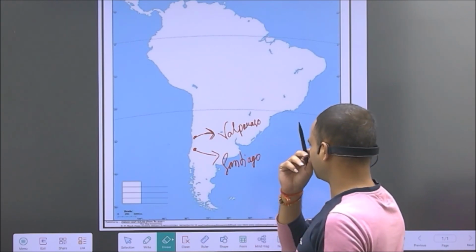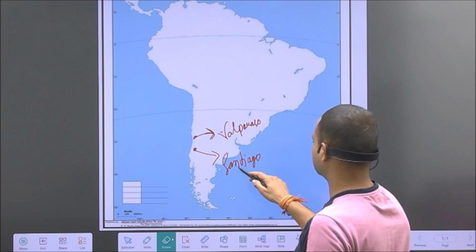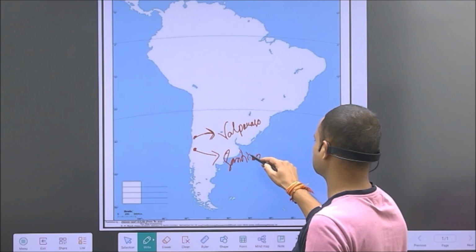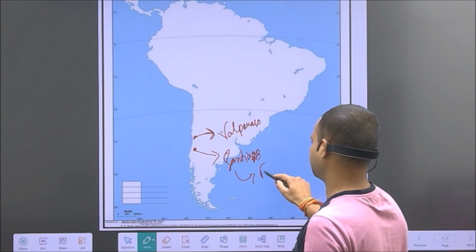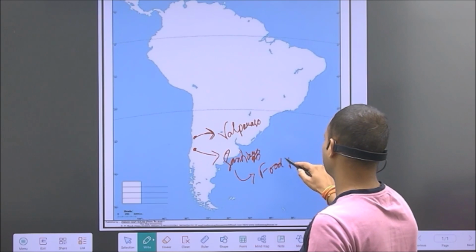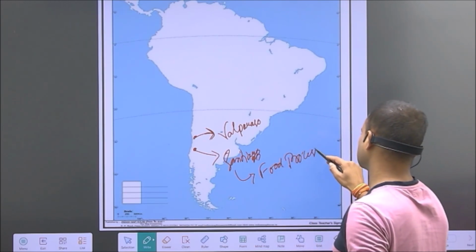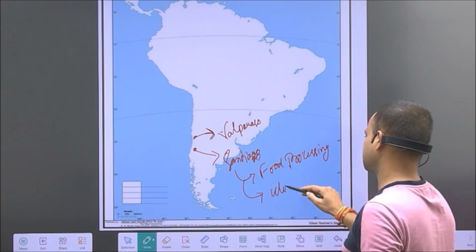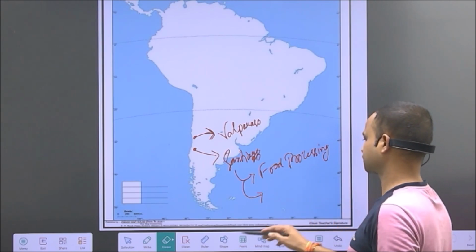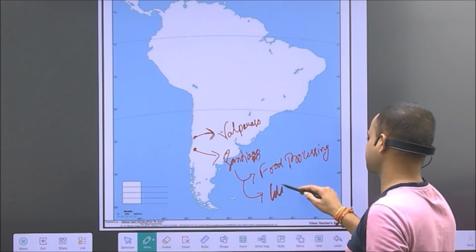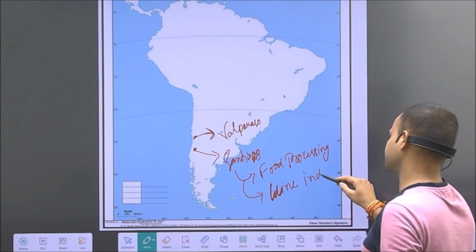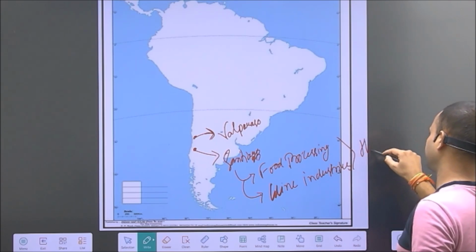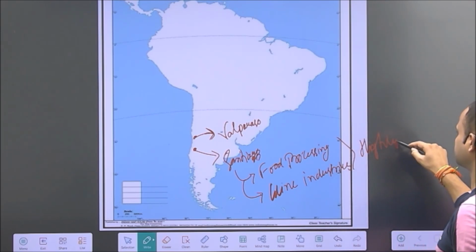In Santiago, food processing industries and wine industries are highly developed.